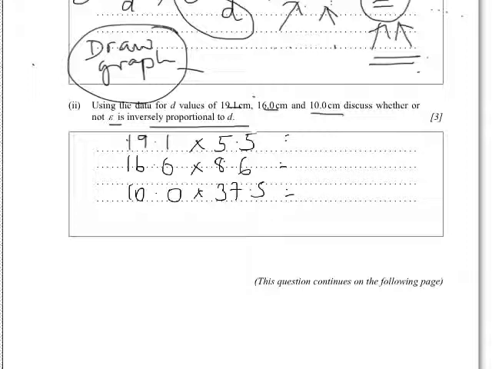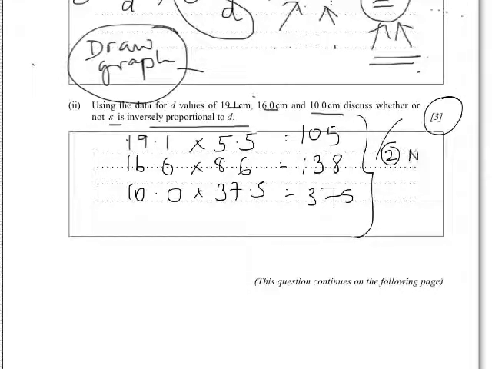Now if these were all the same, then you would have a constant value, so therefore you would have a proportionality. But in fact, when you work this out, you end up with 3 very different readings. So you get 2 marks for doing those calculations. And then your last mark is for saying not the same, so D is in fact not proportional to E.